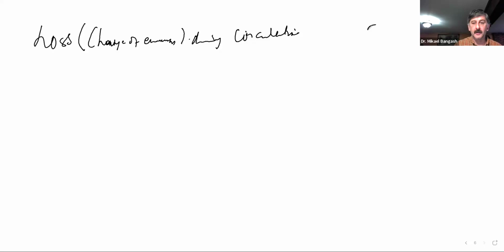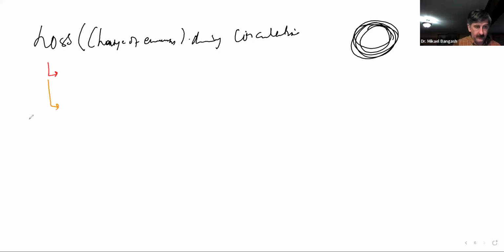And by circulation I mean the going around and around of blood. We can mainly say there will be three forms of loss of energy.